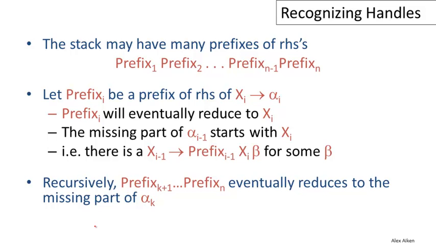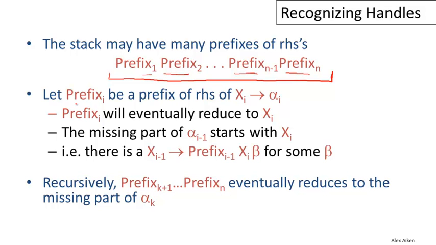And now we can talk about the structure of the stack. As we said, it's not just arbitrary collections of symbols. In fact, it has this very particular structure. The stack is actually a stack of prefixes of right-hand sides. So the stack always has this organization where there's a bunch of prefixes literally stacked up on the stack.